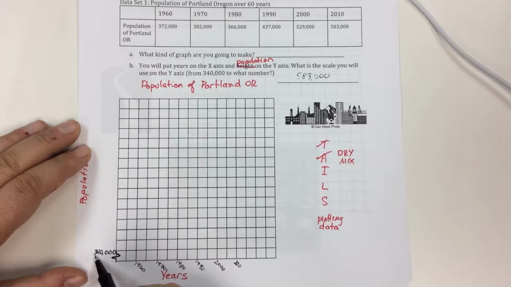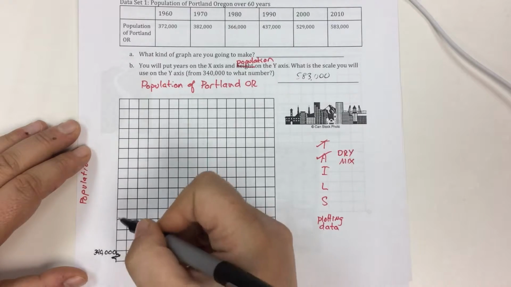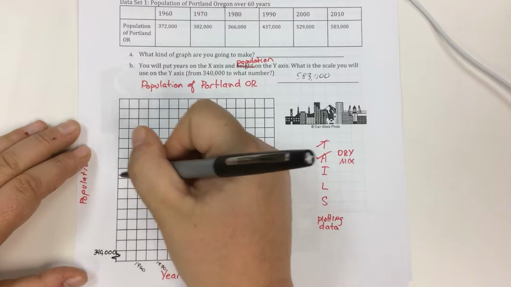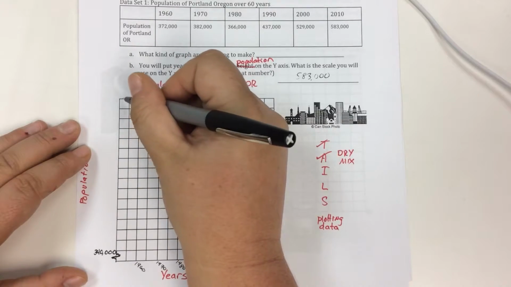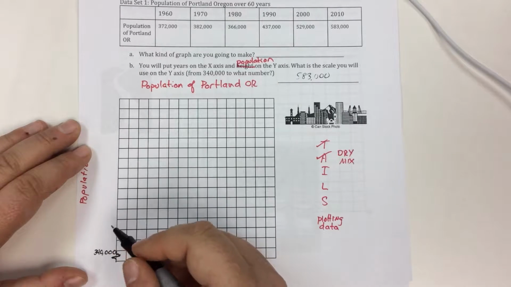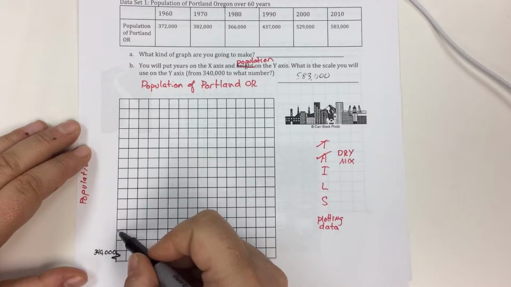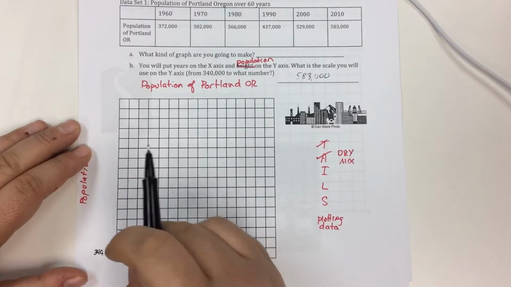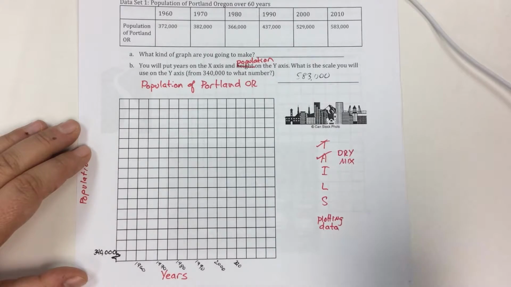So if we were going to start with counting by 10,000s, 350,000, 60,000, 70,000, 80,000, 90,000, 400,000, 10, 20, 30, 40, 50, 60, 70, 80, 90, that doesn't get us anywhere near enough. What if we did it by 100,000? So 340,000, 440,000, 540,000, 640,000. Well, that would work, but all our data would be squished in this little area. So that's not going to work either.